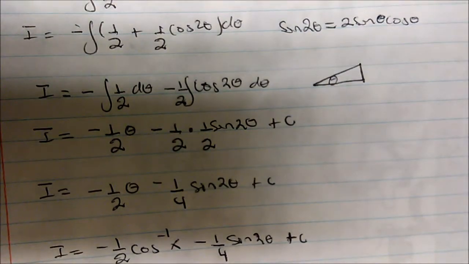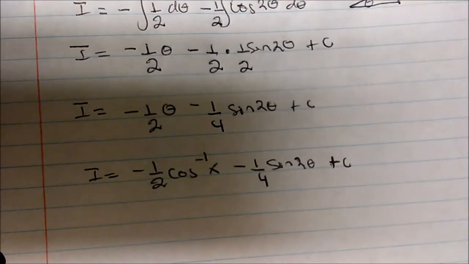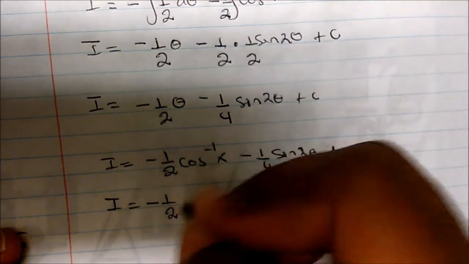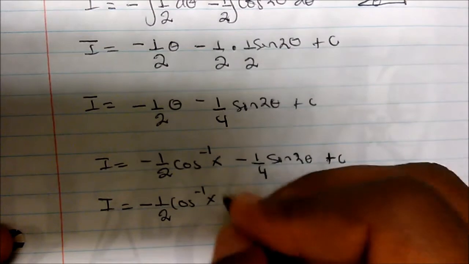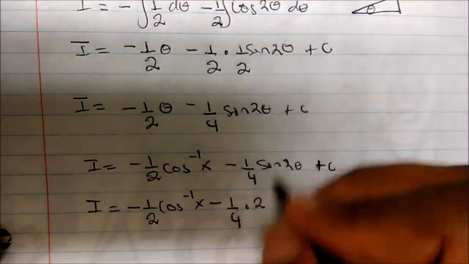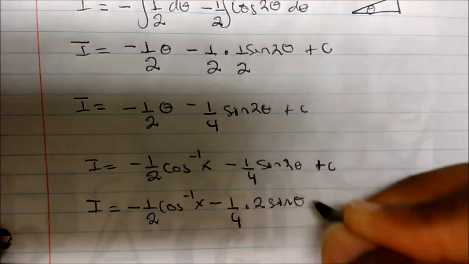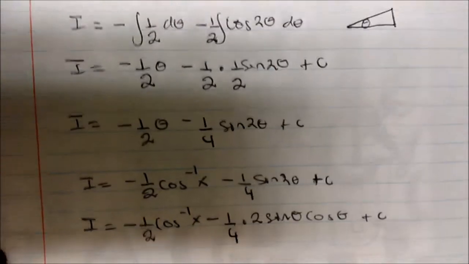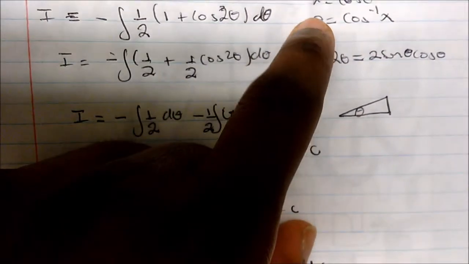If we rewrite it, our integral is given by negative 1/2 cosine inverse of x minus 1/4 times 2 sine of theta cosine of theta plus c. Remember, theta is cosine inverse of x.